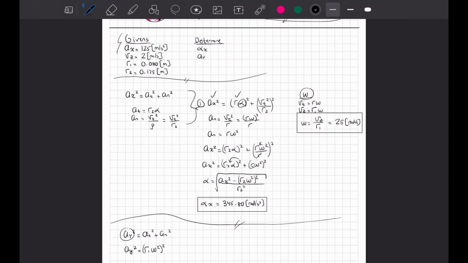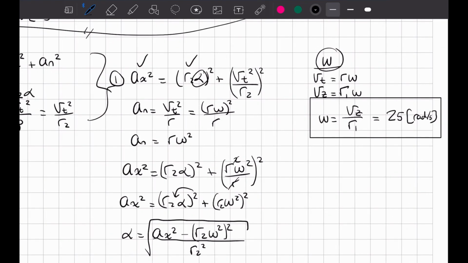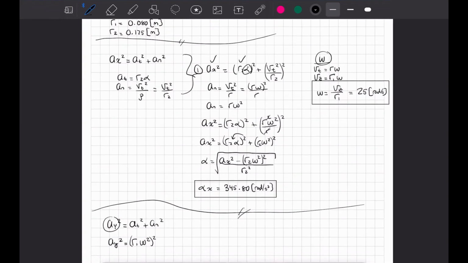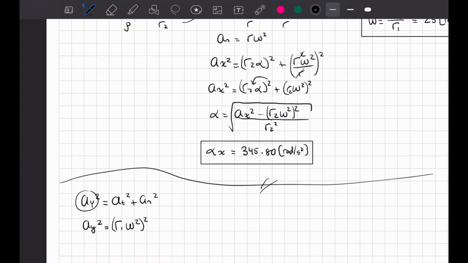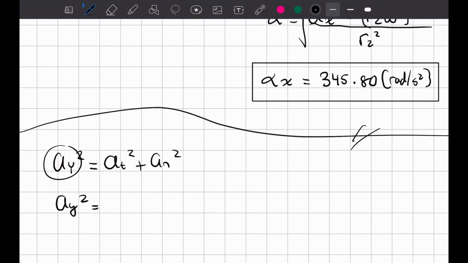Recall that we just solved for that nifty expression here. Oh, I keep doing that, don't I? I keep switching the tangential and normal acceleration equations. This is just going to be equal to r1 alpha squared plus r1 omega squared squared.